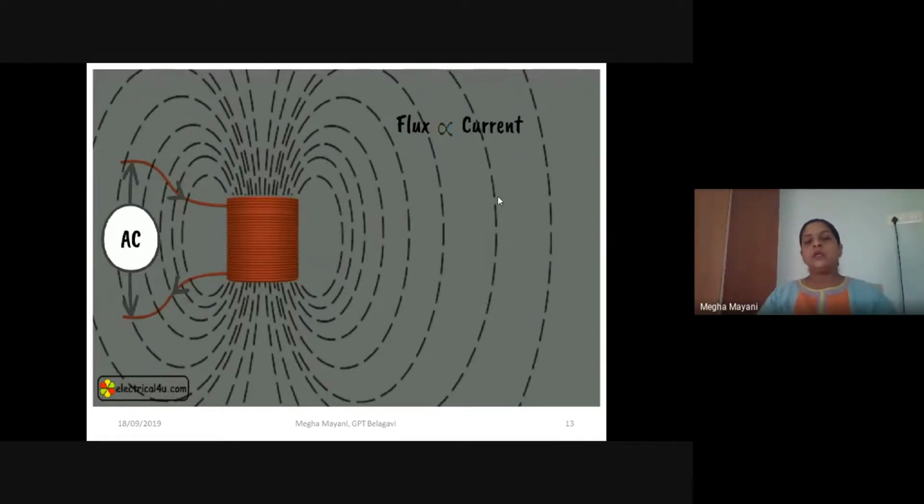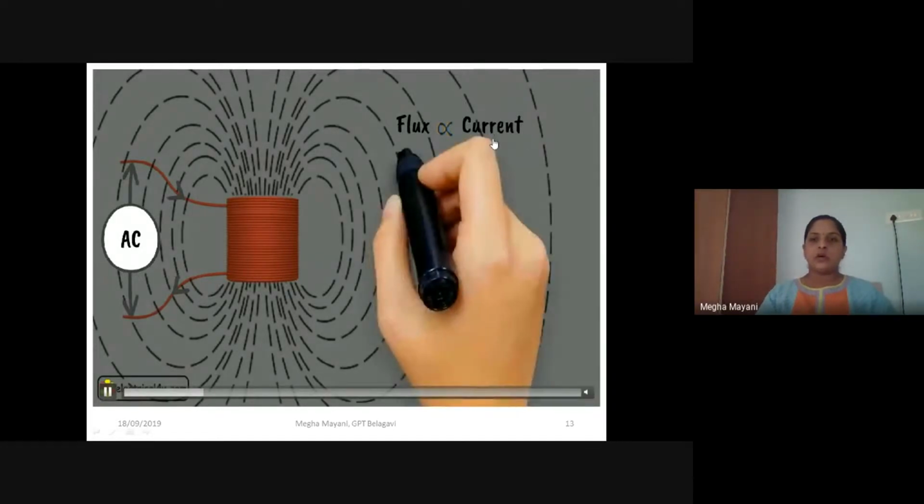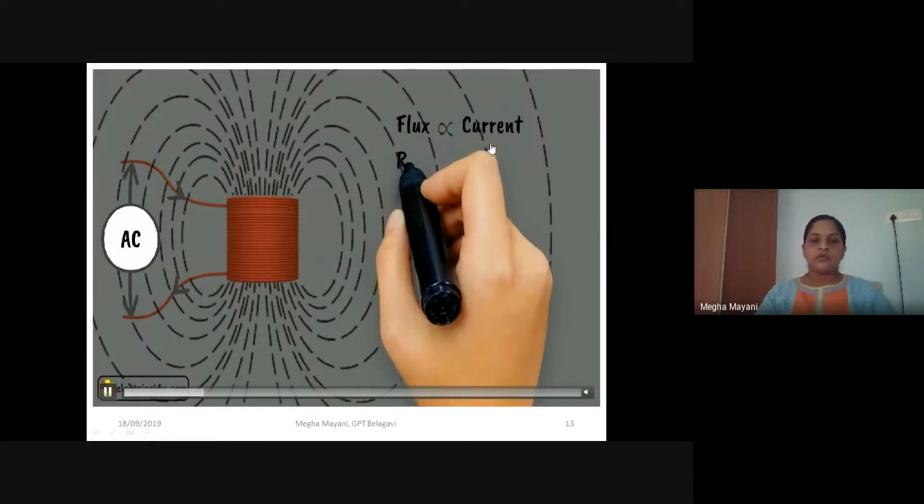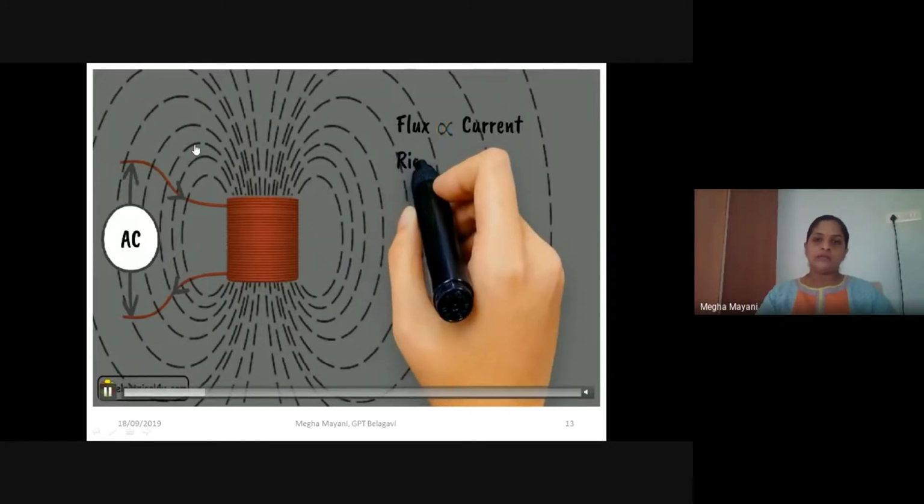The alternating voltage, which is responsible for the change of flux, is now responsible for current flow through the coil.